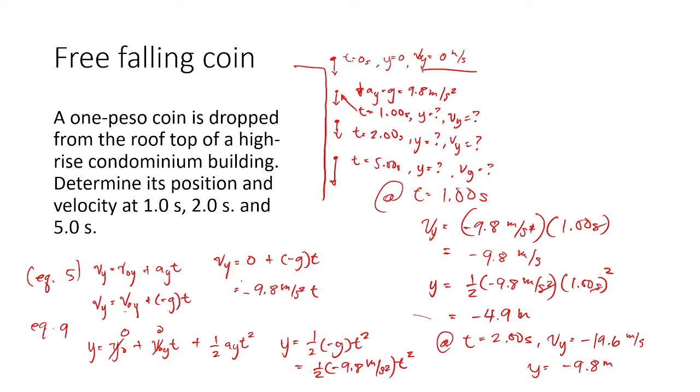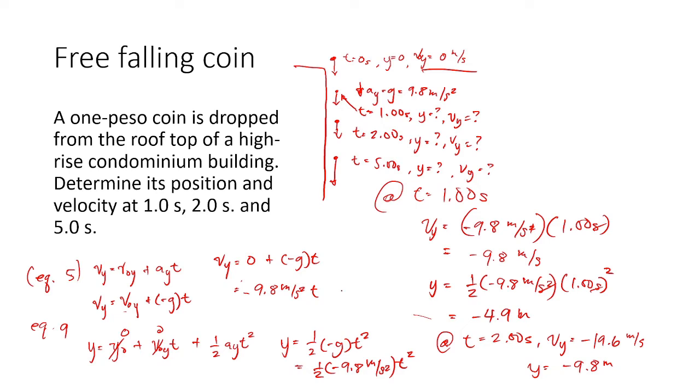So, para doon sa ating velocity, we just need to multiply 2 to our negative 9.8. So, that is 19.6. And if 2 squared is 4, we multiply that to the 1/2 of 9.8. So, ayun, tingnan mo, mali ako.